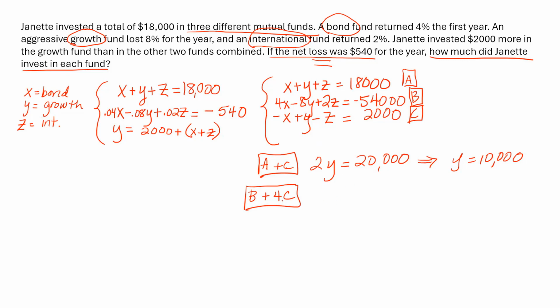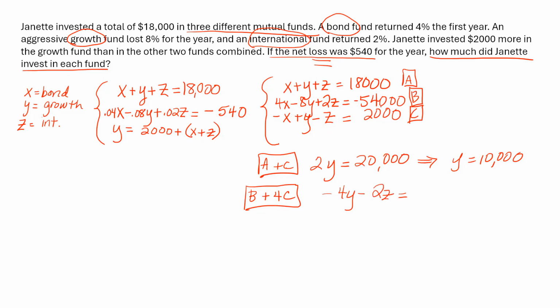So if I do that, I will have 4x minus 4x, which will be 0x. And then I'll have negative 8y plus 4y, which will give me negative 4y. And then I'll have 2z minus 4z, which will give me negative 2z.